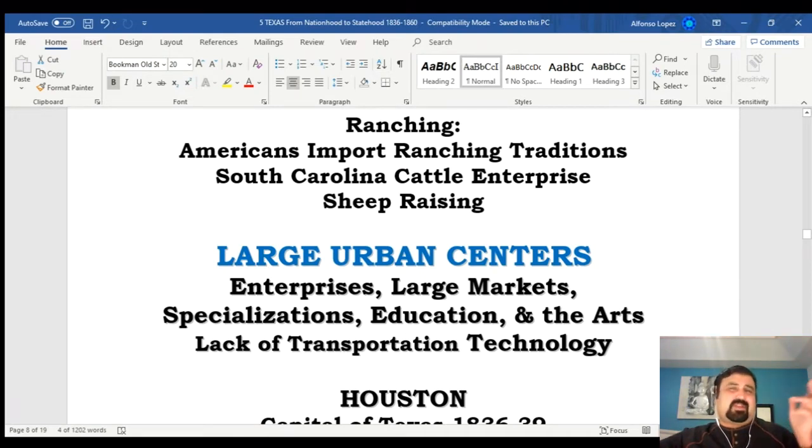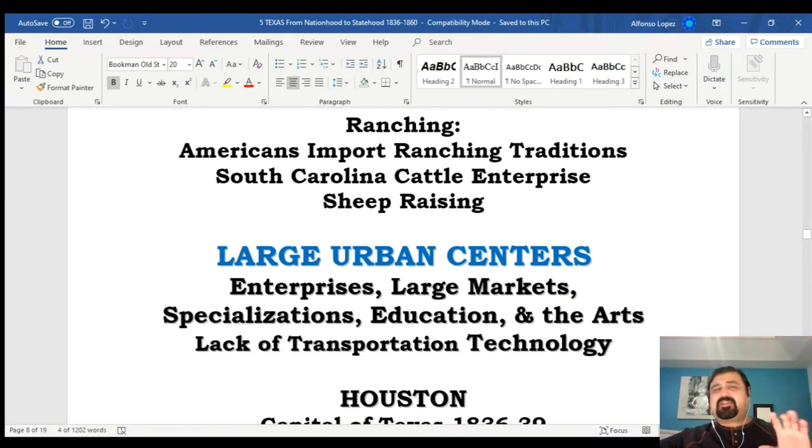And we see also the creation of large ranches as well, around San Antonio, Laredo. Very wealthy ranchers are being given large land grants, and they're grazing hundreds of cattle, etc.